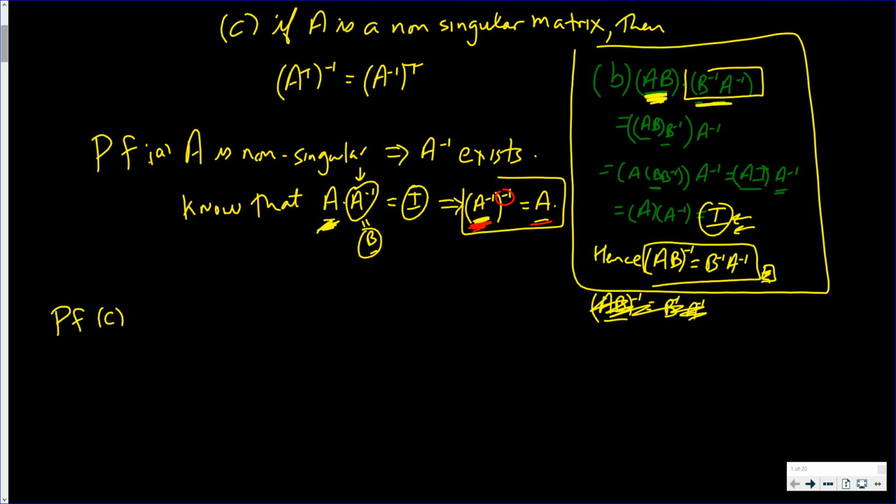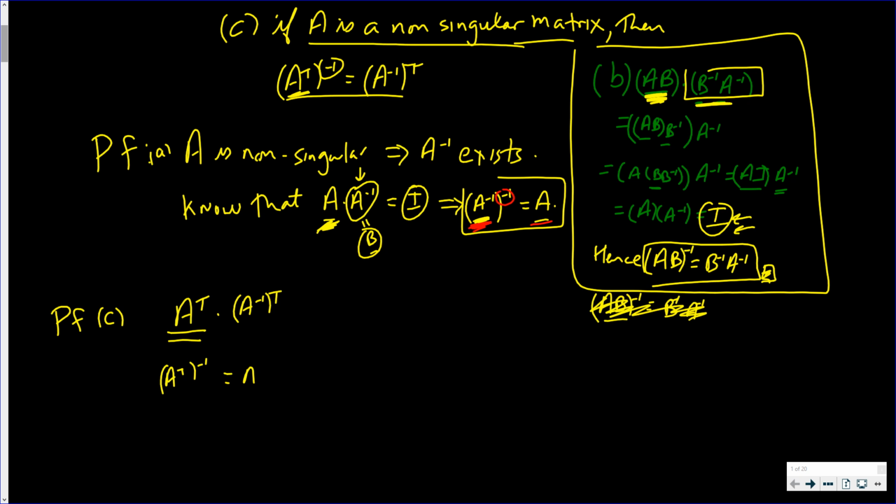The proof for C is: if A has an inverse, that's what it means, if A is a non-singular matrix, then the inverse of A transpose is equal to A inverse transpose.